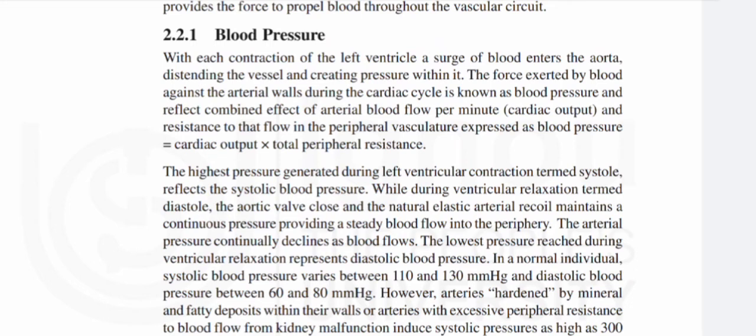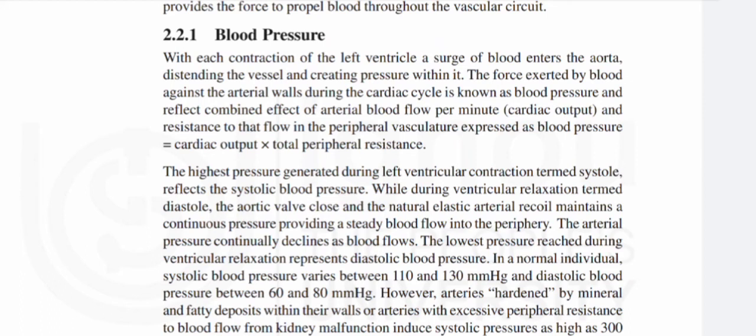The force exerted by blood against the arterial walls during the cardiac cycle is known as blood pressure and reflects the combined effect of arterial blood flow per minute, that is cardiac output, and resistance to that flow in the peripheral vasculature, expressed as blood pressure equals cardiac output times total peripheral resistance.